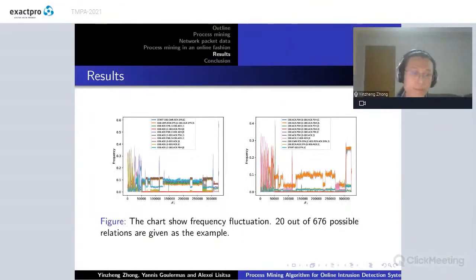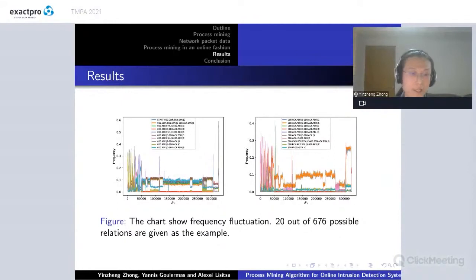And here we go, some output from the series of adjacency matrices. As we know, the adjacency matrix is 26 by 26, so we expect 676 possible relations or transitions. In this chart, I only selected 20 of them.